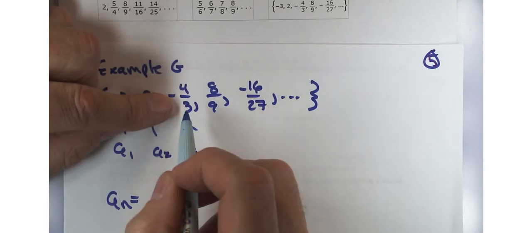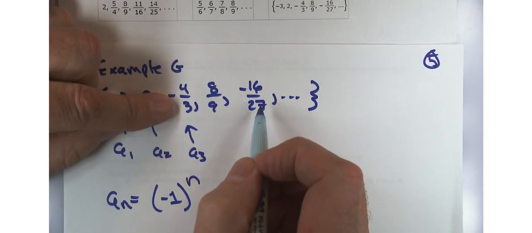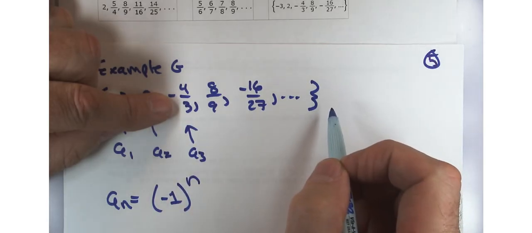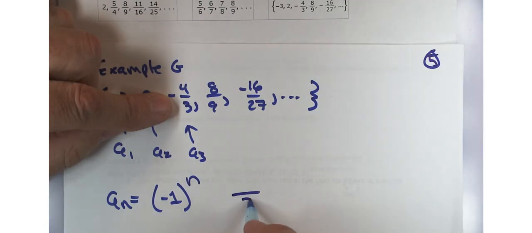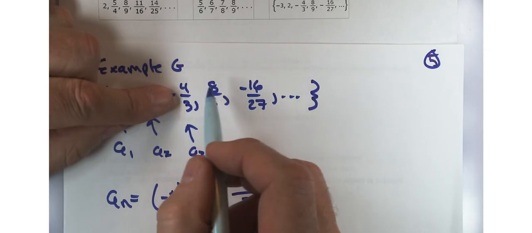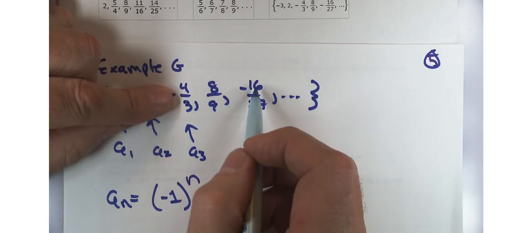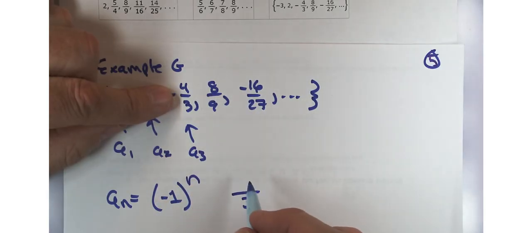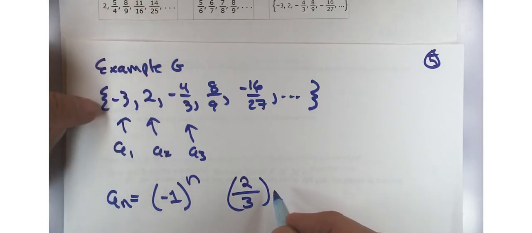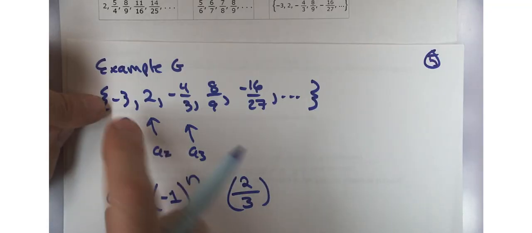What are you doing in each of these denominators to keep on skipping up like that? Multiply by 3. How about in the numerators? 4 to 8, 16. You're multiplying by 2. So it's going to be 2/3 to some power. And this starts with a 3.